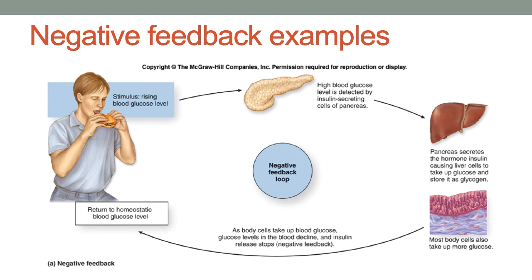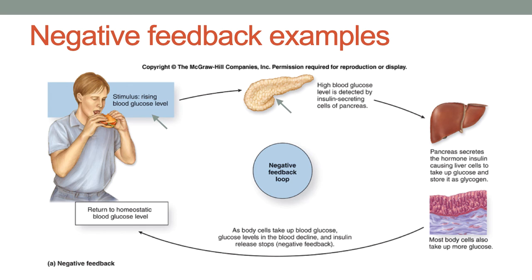Here is an example. In this case, we have someone eating. You eat, the food is digested, and glucose is released. So blood glucose levels start to rise, and this is the stimulus, high blood glucose.